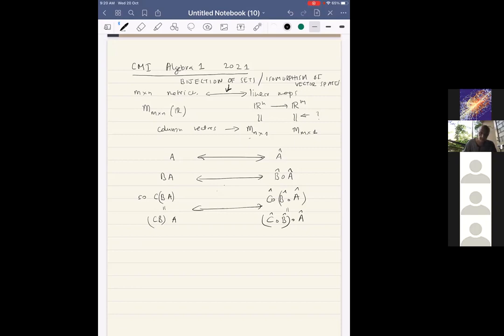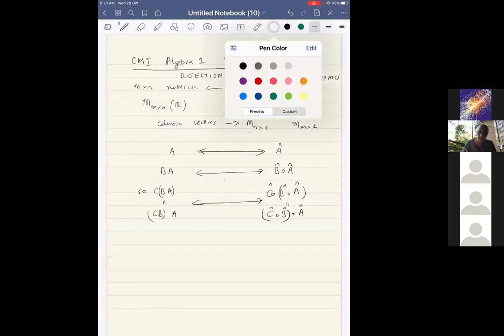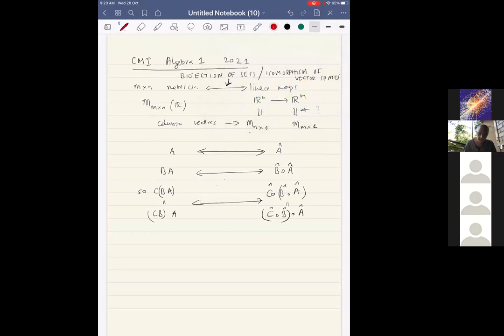Now, I began describing how to associate. In the last lecture, we went in this direction, and that caused some confusion, so I want to spend time on that. In the last lecture, I went this way.